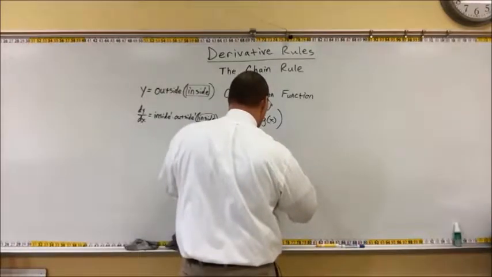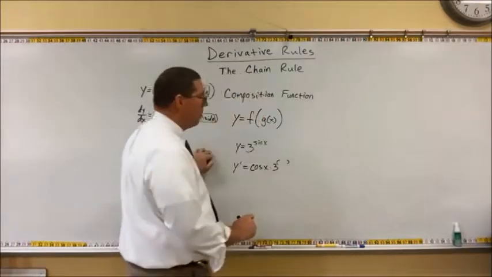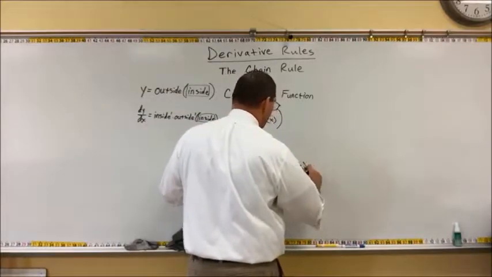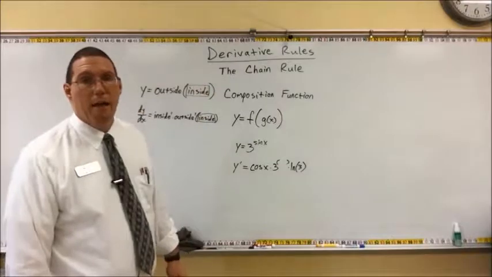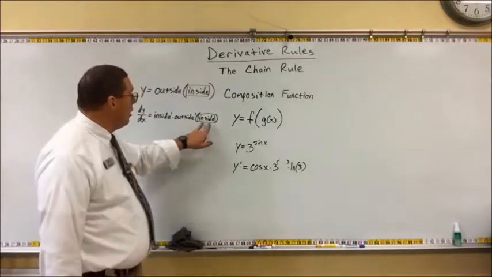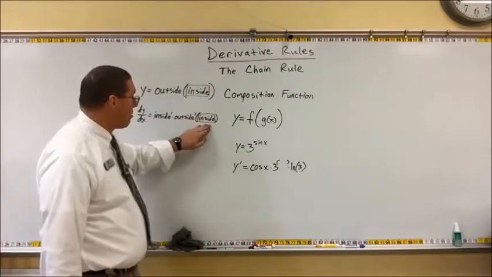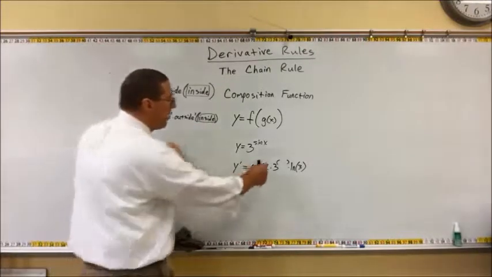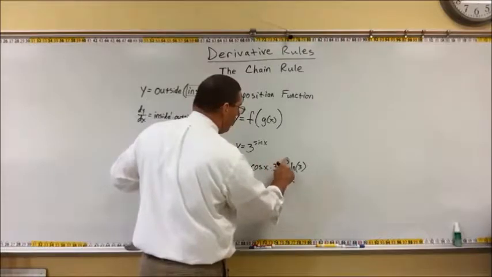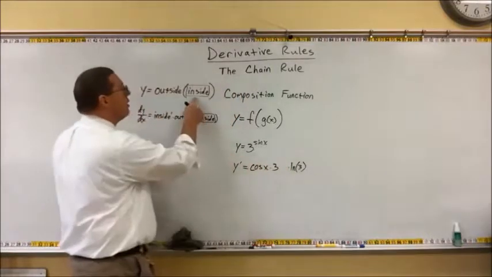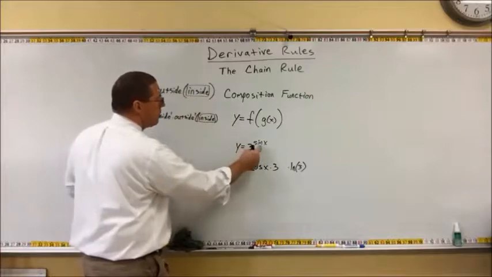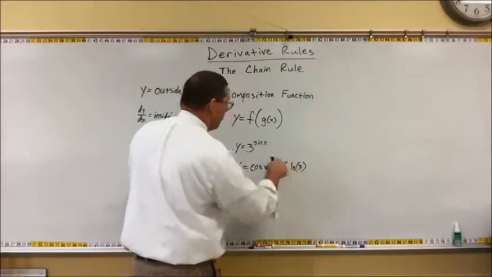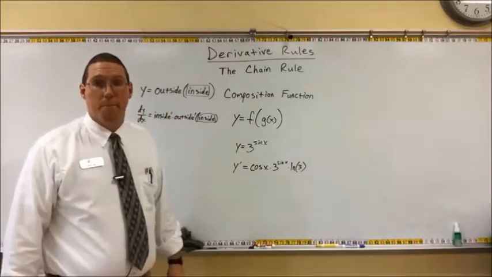So, 3 to the x power, but I'm not going to put anything there yet, times the natural log of 3. So that's the derivative of the outside. And now, instead of putting an x here like we normally would, we're going to put the original inside function, which is sine of x. So it's going to be 3 to the power of sine of x times the natural log of 3.